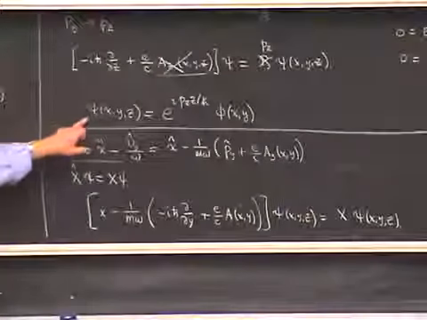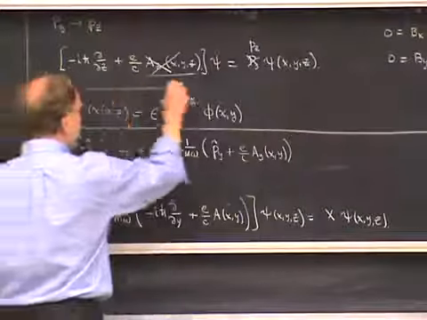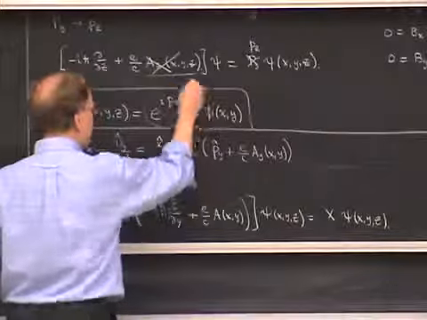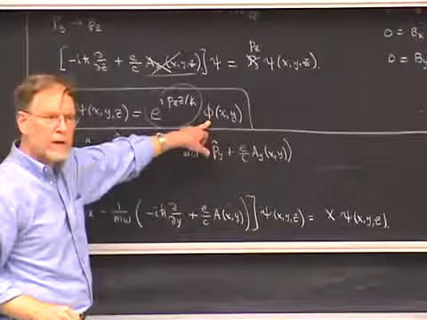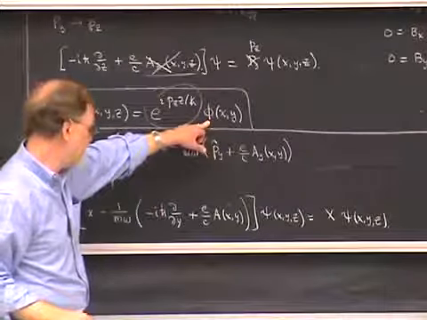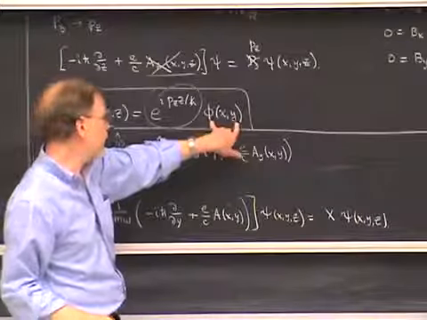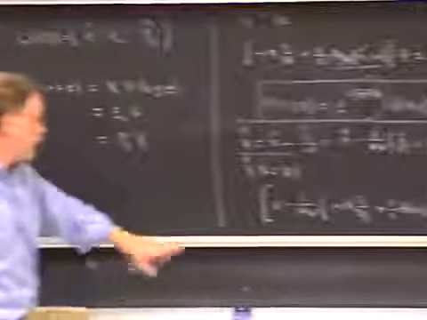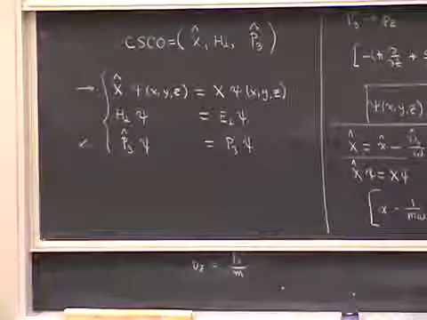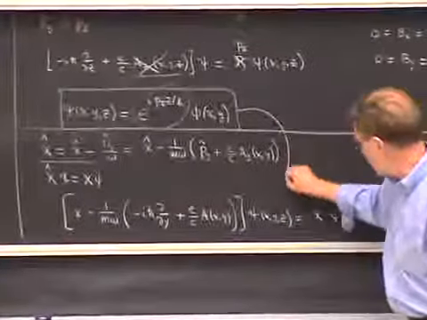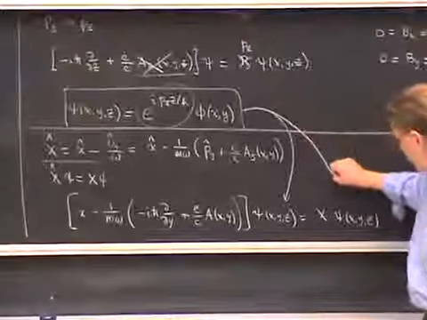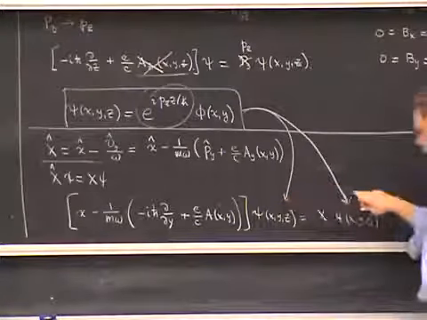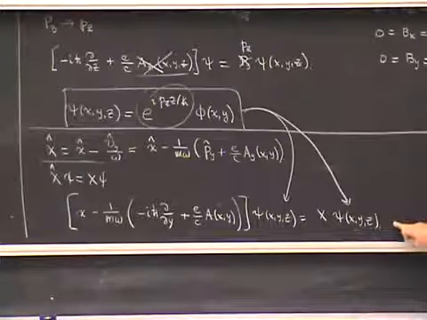Now, however, the psi, we've already determined, is a phase factor in the z direction times an unknown function phi of the x and y variables. We're going to determine this phi function by using these other two eigenvalue conditions. And in particular, plugging in this expression for the psi into the two sides of this equation.